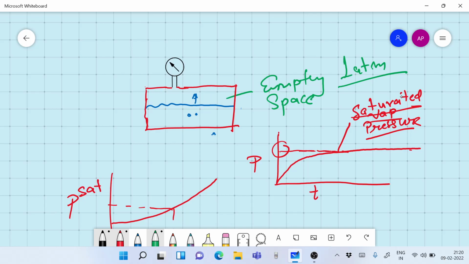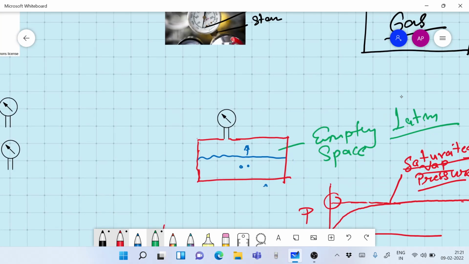Simple. That's simple. That's very basic. Okay, what this gauge will measure over and above the atmospheric pressure is always going to be the vapor pressure. To start with, it was measuring 0, which was the pressure of atmosphere, because to start with, we put liquid and the tank was open. Then we suddenly covered it up.